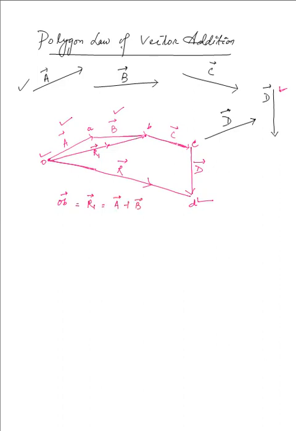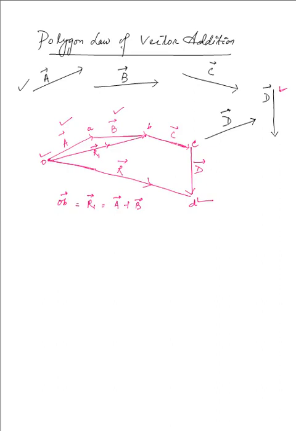You can refer to the triangle law of vector addition in the previous video that we had made if you are unsure about it. So R1 is the resultant of the first two vectors, A and B. Now R1 is terminating at the point B, from where we have the vector C initiating and terminating at the point C.